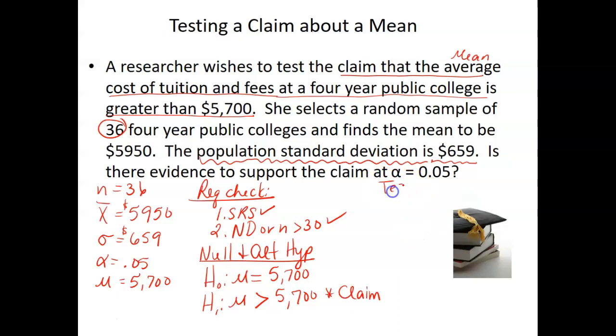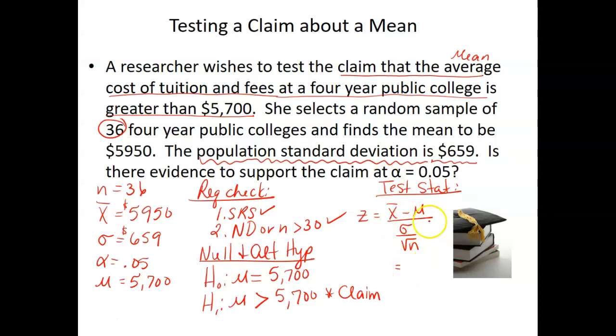Okay, so for the test statistic, because sigma is known, we're going to use a z-test statistic. So my z-test statistic is going to be x bar minus mu divided by sigma over the square root of n. So that's what I'm going to substitute into.